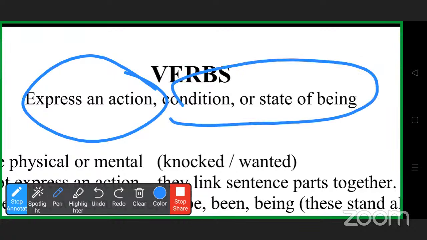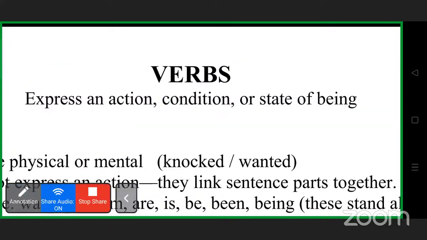But if there is a state of being, or a condition, but no action, then it would be a verb of incomplete predication, or simply linking verbs. That's very simple to understand, I guess.